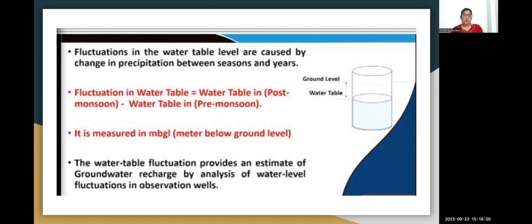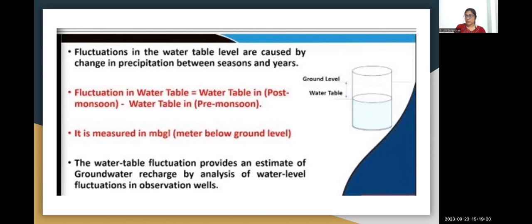Now, fluctuation in the water table can be measured by checking the level of the water table in the post-monsoon season minus the water table in the pre-monsoon season. Post-monsoon will generally have a higher water table, because after monsoon the water level is going to increase, as common sense explains.